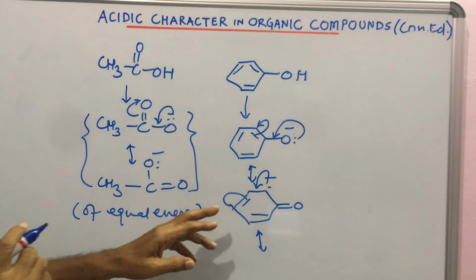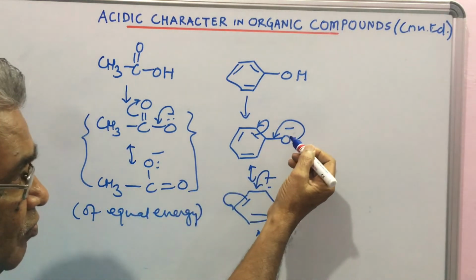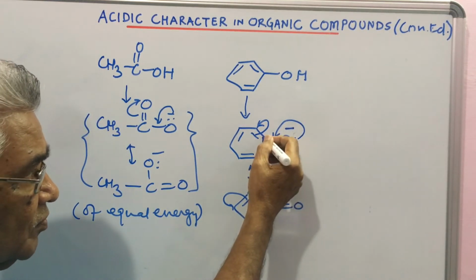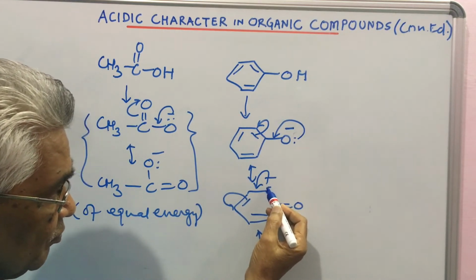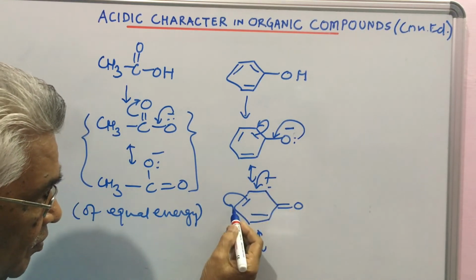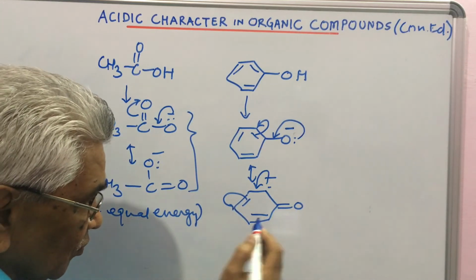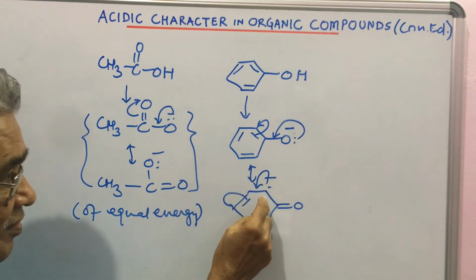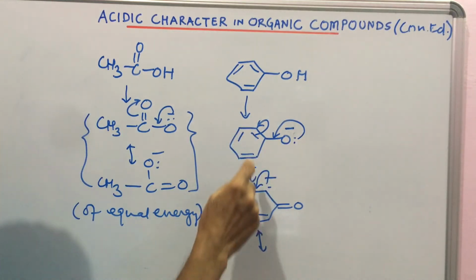Similar structures. Here you are finding that negative charge lies on oxygen atom in this structure. Here you find the electron pair or negative charge on a carbon atom, and so on. Negative charge on a carbon atom is less stabilized than negative charge on an electronegative atom like oxygen. So, these are not of equal energy, these are less stabilized than these structures.